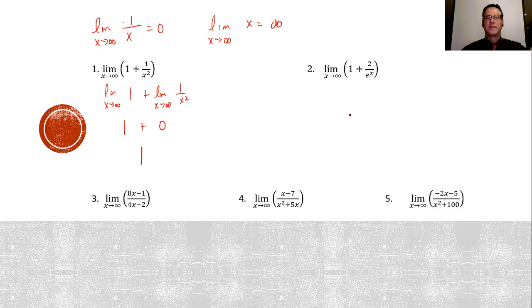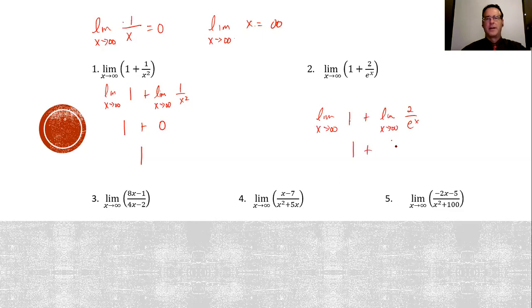All right, the next one, same idea. Instead of having an x squared in the denominator, I have e to the x. But in the end, it doesn't change how I'll treat this. Again, the limit as x approaches infinity of this constant 1 is just 1.